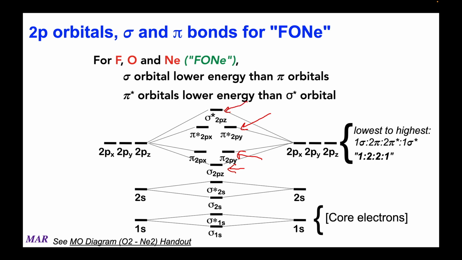So notice it's the bonding orbitals that flip, the anti-bonding orbitals stay the same. So while NBC had a 2-1-2-1, the phone orbitals are 1-2-2-1, sigma first followed by the two pi's, then pi star, then sigma star. So it's only the bonding orbitals that flip when you go from NBC to phone.